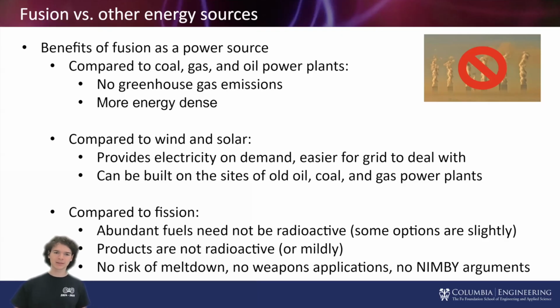I wanted to talk a bit about this no risk of meltdown thing because fusion power plants can't melt down, because you need heat to get fusion to happen. We talked about how hot we need to get, like 100 million degrees Celsius.